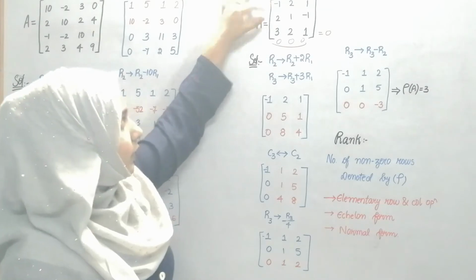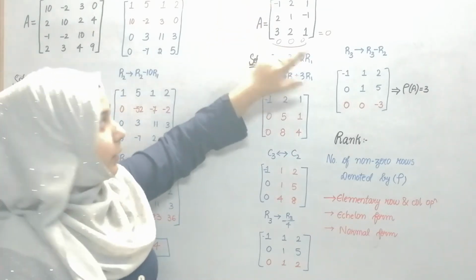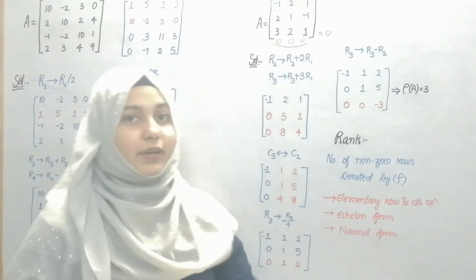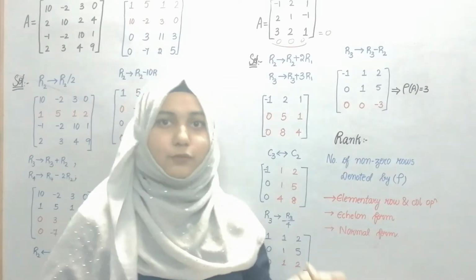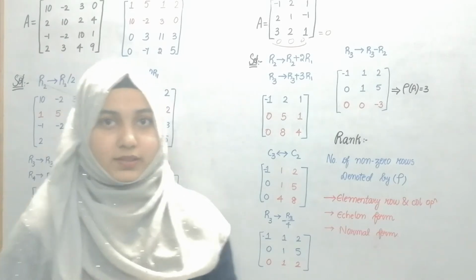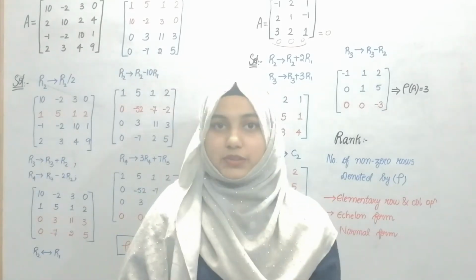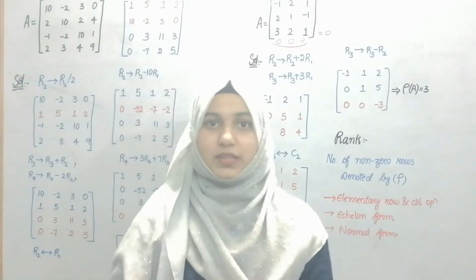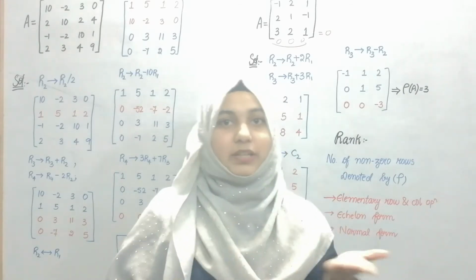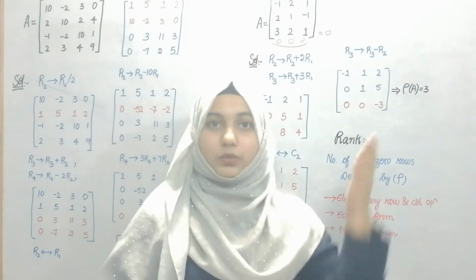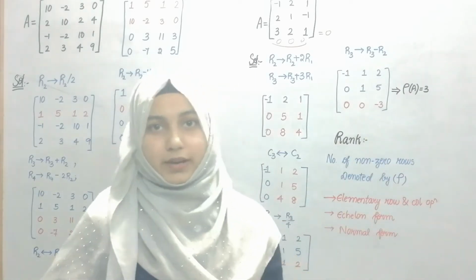These two are non-zero, this is 0, so the number of non-zero rows is 2, so the rank will be 2. Simple, right? Number of non-zero rows in a matrix. So a matrix will be given, we need to perform some operations and make the maximum number of elements 0. If one complete row or two complete rows become 0, the remaining non-zero rows give the rank.